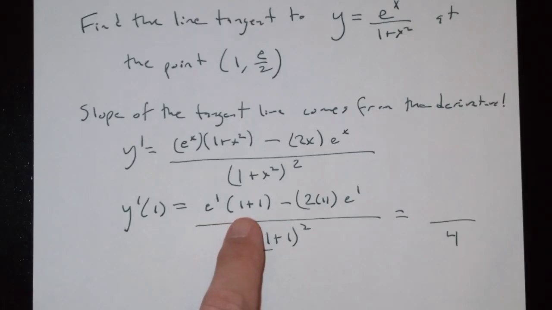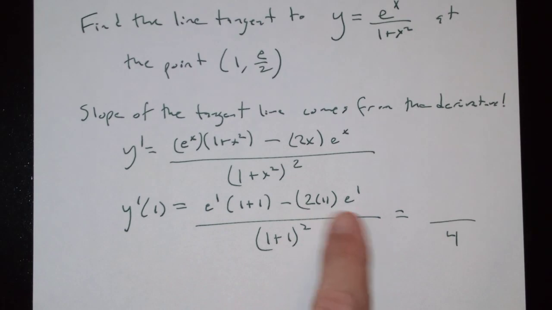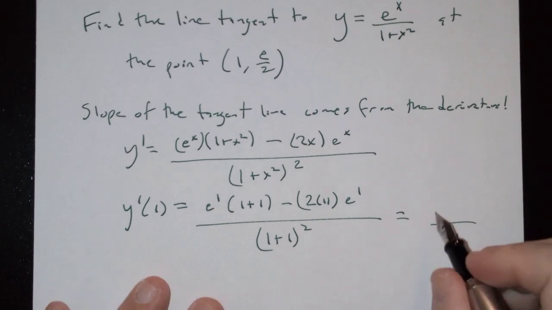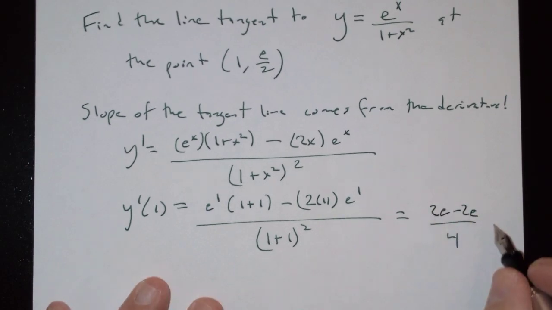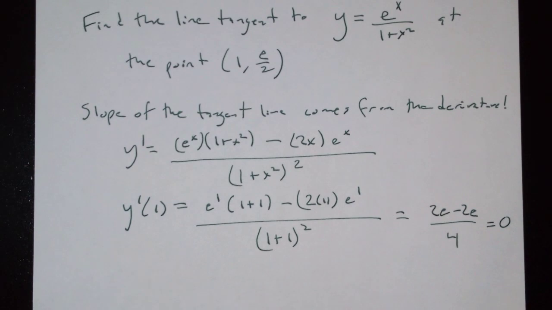That's e times 2, right? What's this? 2e minus 2e is 0. 0 over 4, but 0 over anything other than 0 is just 0. Wait a minute, what kind of line is this?